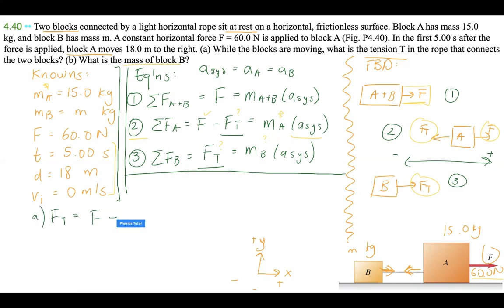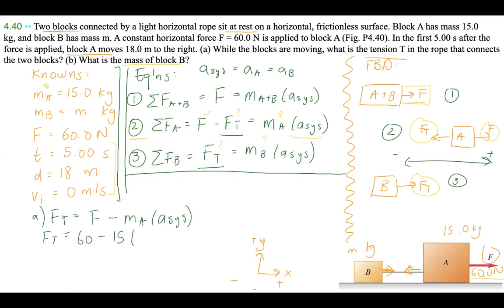Ft is equal to F minus m a times the acceleration of the system. That way we can isolate for Ft and solve for Ft. So we have F, which is 60, minus the mass of A, which is 15, times the acceleration of the system.